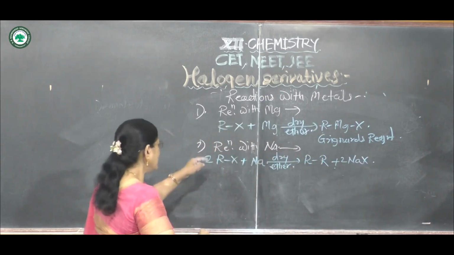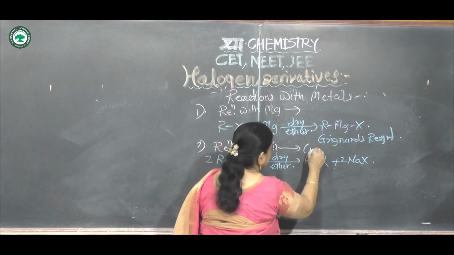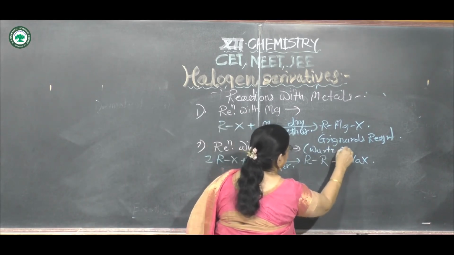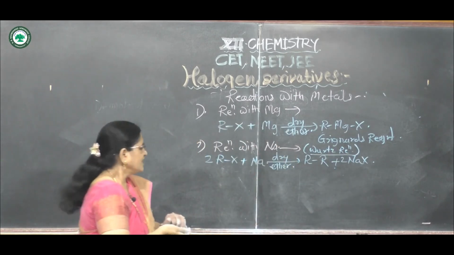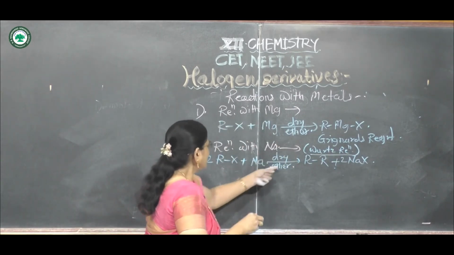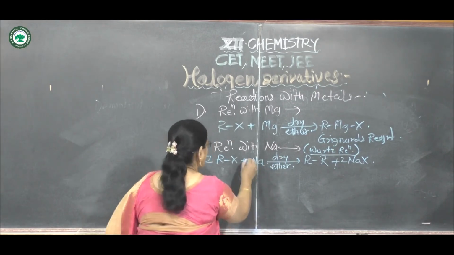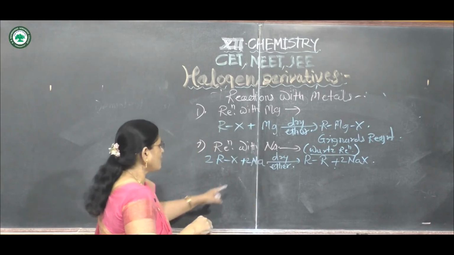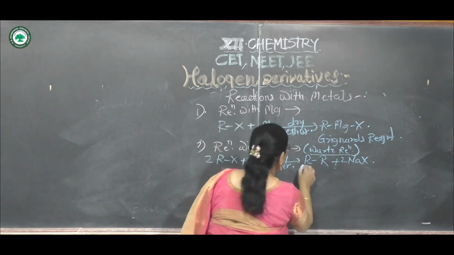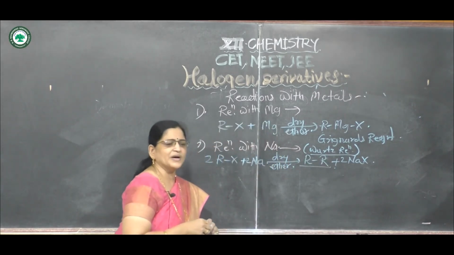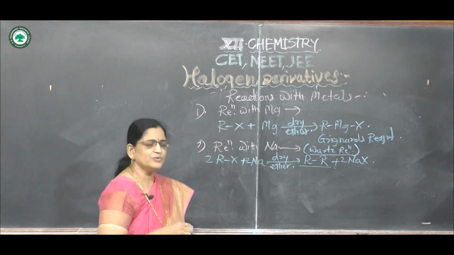This is called the Wurtz reaction. That means two alkyl halides of the same molecule react with sodium in presence of dry ether, with two molecules of sodium, and give an alkane, mainly having an even number of carbon atoms.